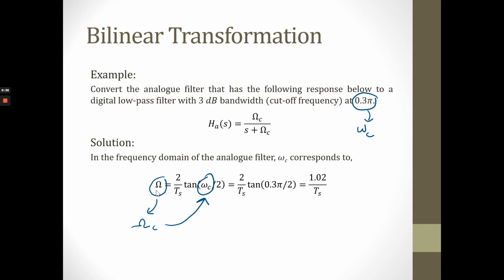So this is omega or omega C, which is equal to 2 over T, where T is the sampling period, multiplied by tangent of omega C divided by 2. So we use the value given for omega C, 0.3 pi, in this equation to determine the omega C. So we have 1.02 divided by T as the sampling period.